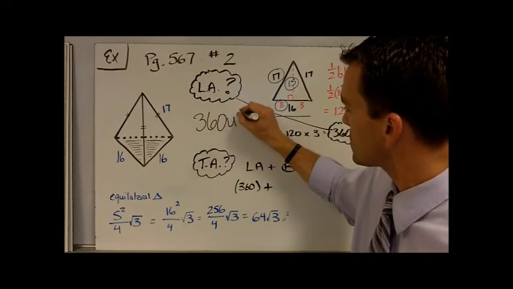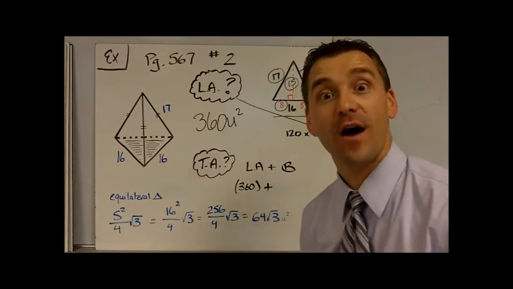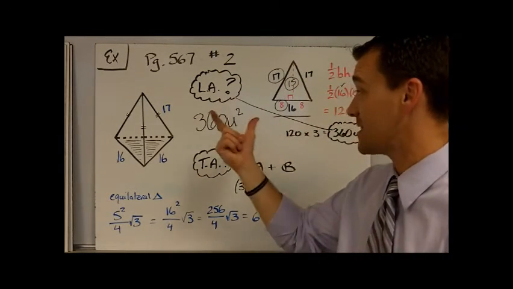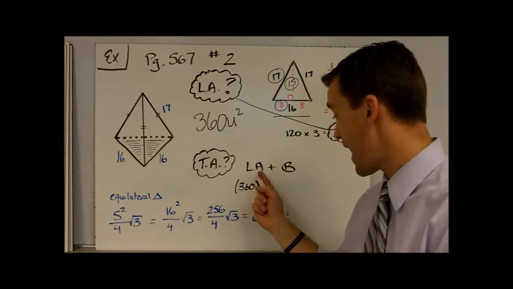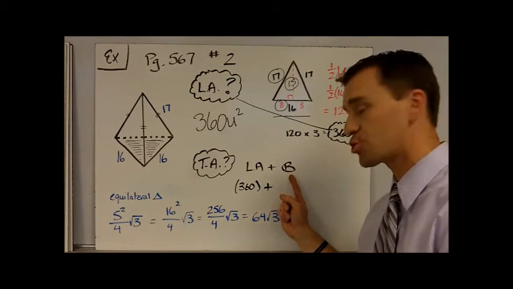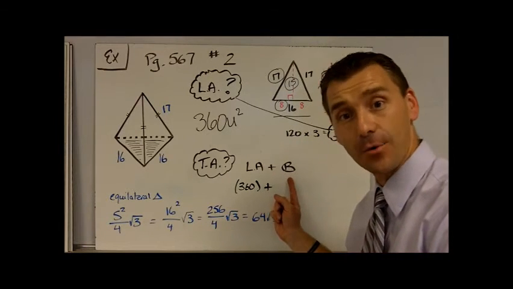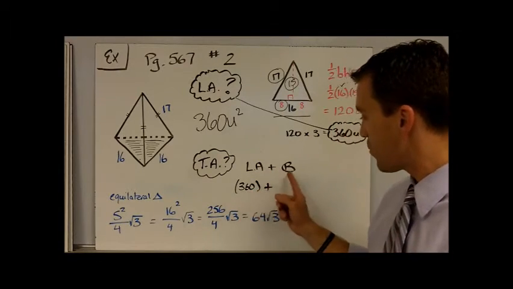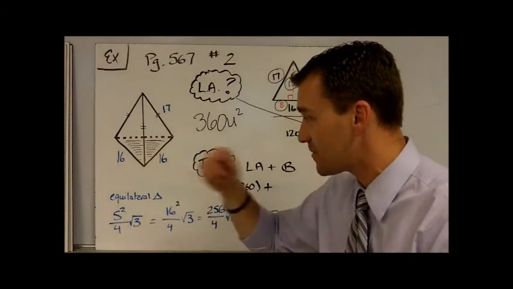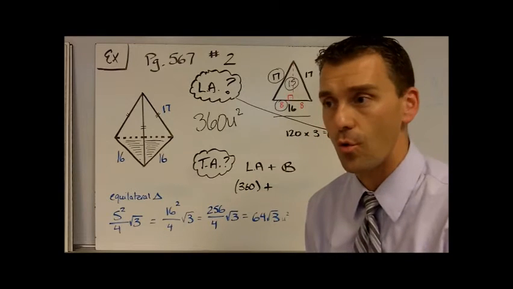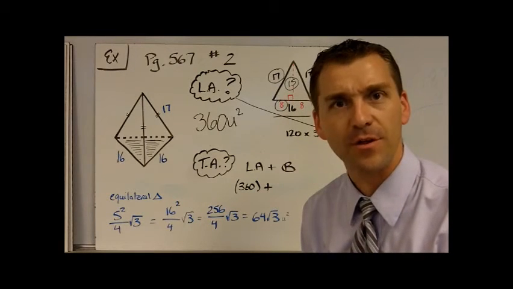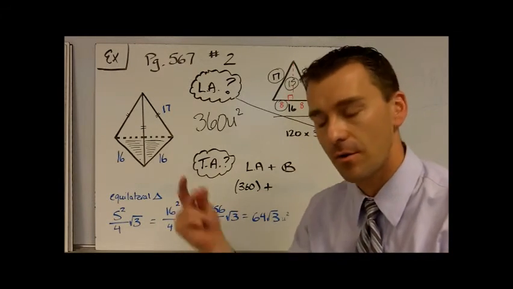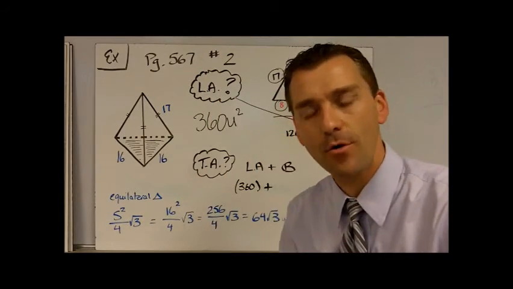360 units squared. Lovely. Now to find the total surface area, I have to take the lateral surface area and add that to, remember, script B stands for the area of the base. So I've got 360 plus the area of the base. Well, that base is just an equilateral triangle. I think I remember a formula for the area of an equilateral triangle. I do. I don't even have to look at my foldable.